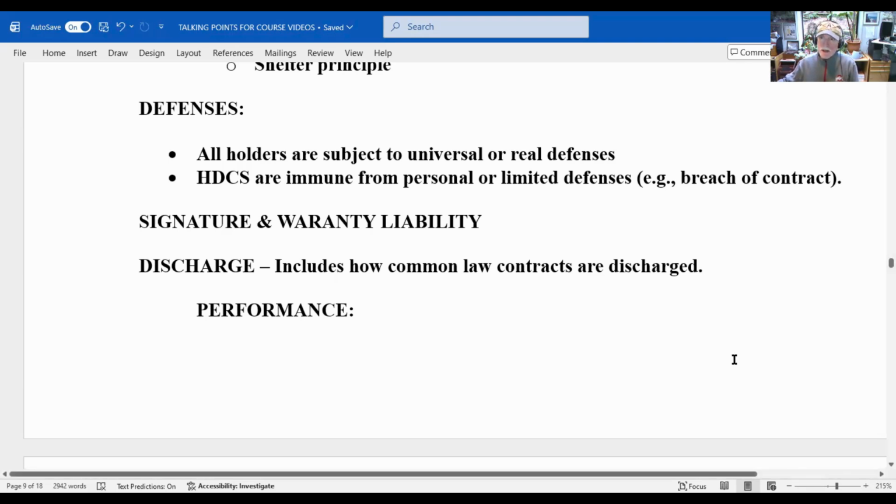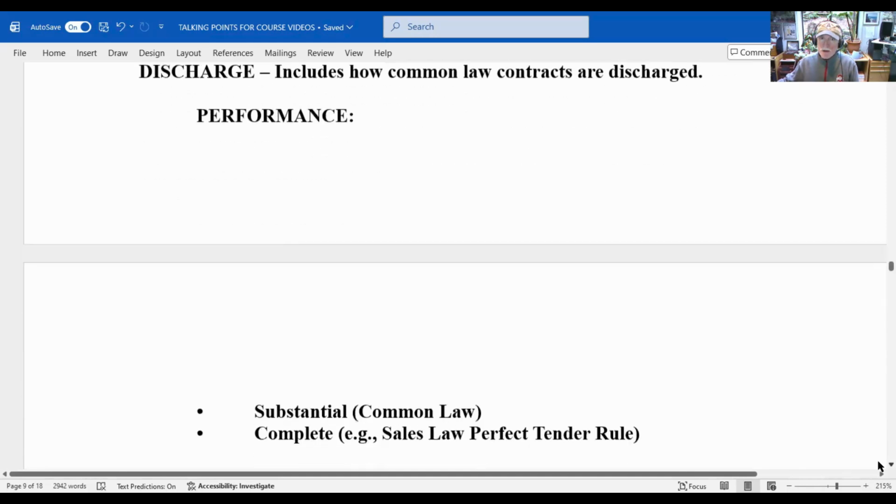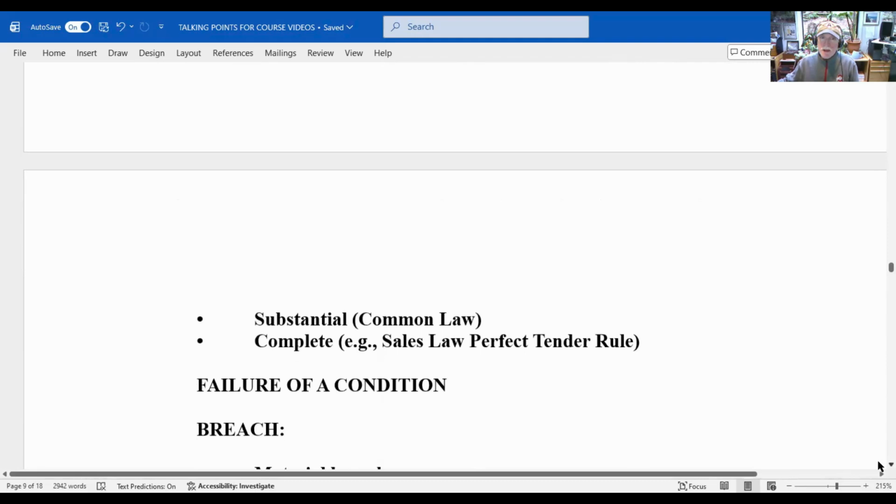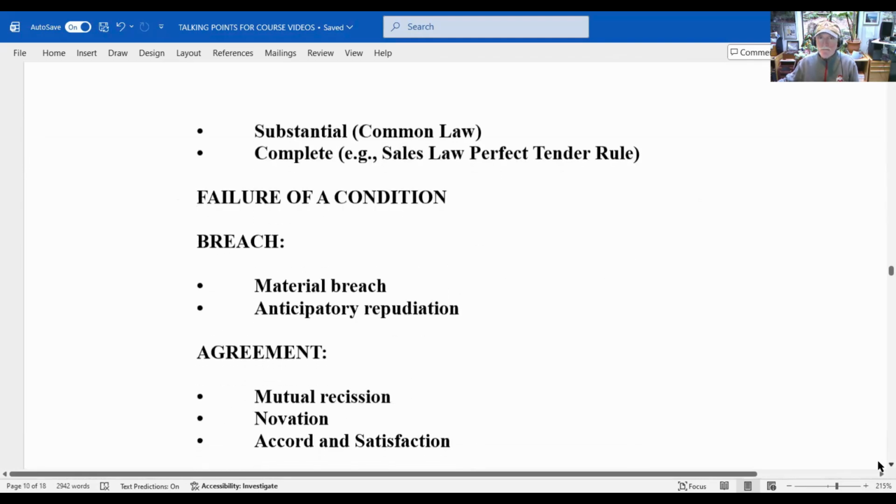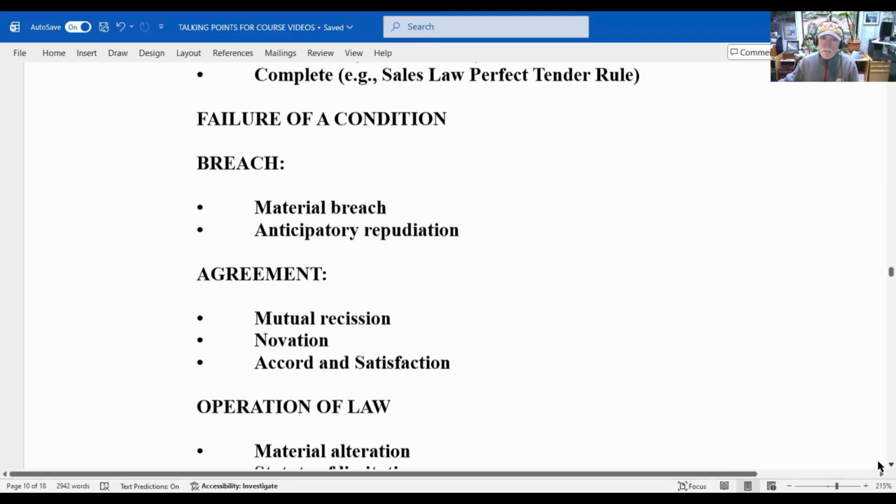So discharge, same thing as at common law. We talked about this with respect to common law contracts: performance, failure of condition, breach. A condition could be your ability to get financing; breach, material breach.